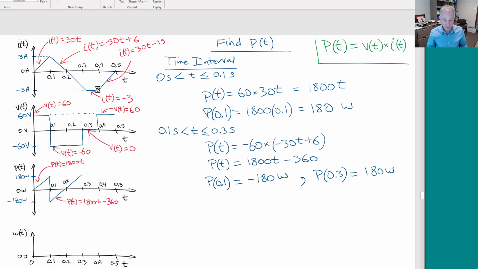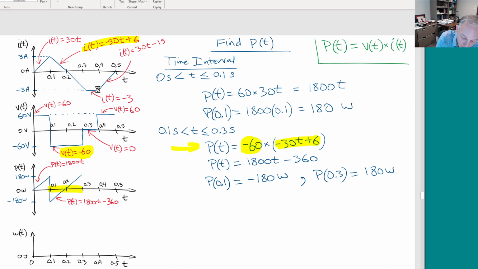Okay, so now let's do the second time interval. This is the time interval that we're doing for power, and I've already drawn the line, but let's work out the math. Looking at the power here, it's voltage, so minus 60, which is coming from here, times the current, which is minus 30t plus 6, and that's coming from here.